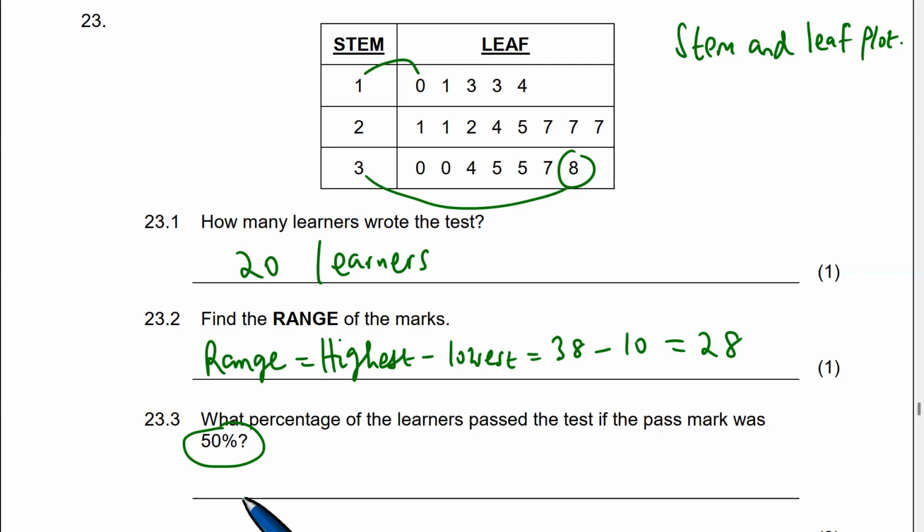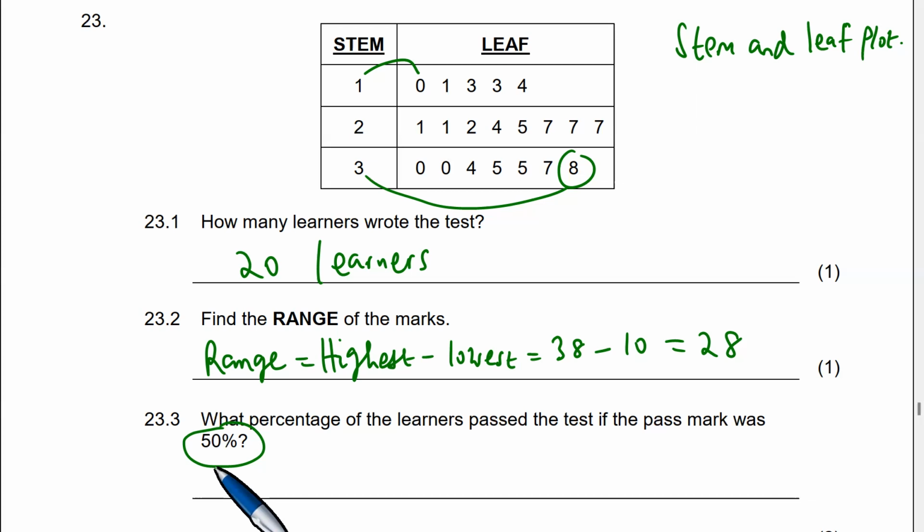Okay, so what do you think? Sir, wait, are these numbers the percentages or are they the marks out of 40? Yeah, these are marks out of what? Out of 50, because the pass mark was 50%.